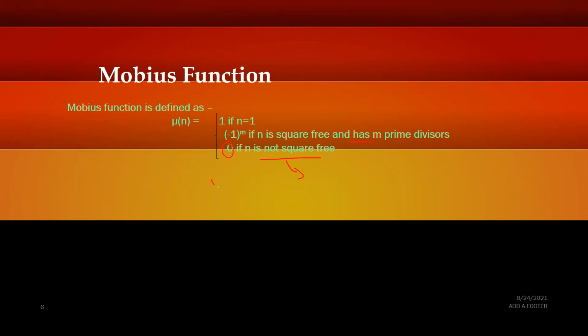So mu of 4 is 0. And for minus 1 raised to m, mu of 6 is equal to minus 1 raised to 2.